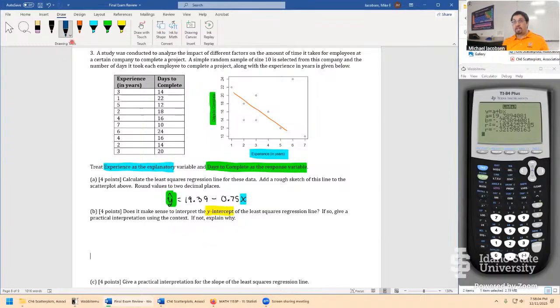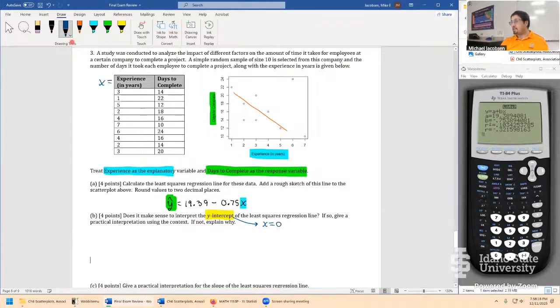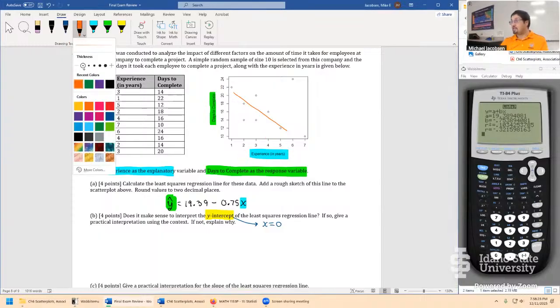But here's the great way to always think about this. In mathematics, no matter if it's statistics or an algebra class, the y-intercept always means x equals 0. But what is x? That's the experience in years, the same as the horizontal axis.